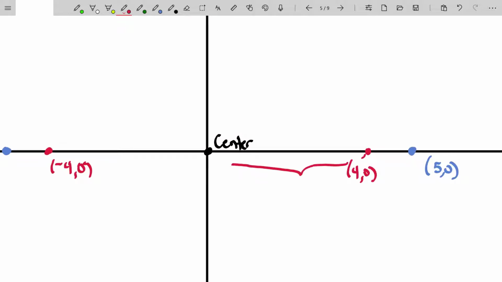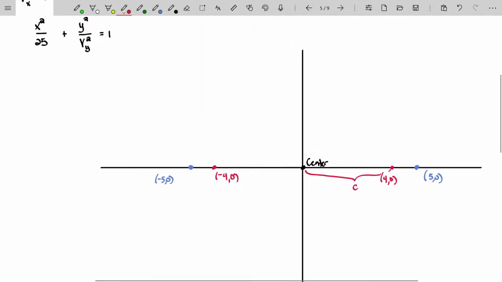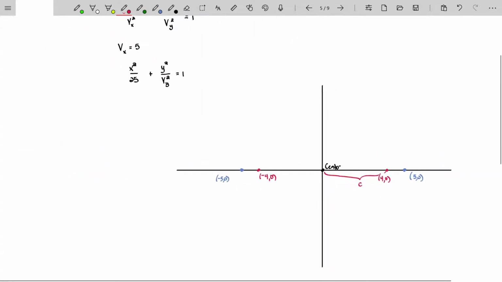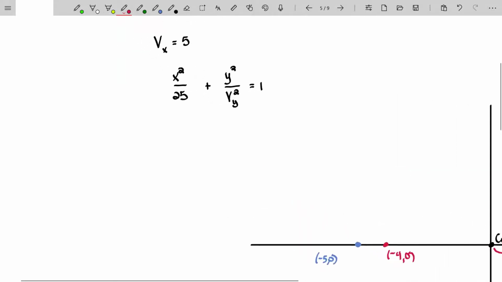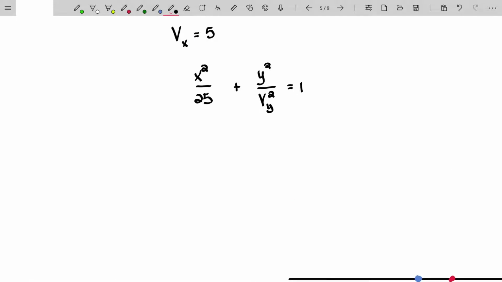Distance right there we would normally call c. And c squared is the absolute value of the difference between v sub x squared and v sub y squared. So let me go ahead and write that down over here. C squared is equal to, you would normally see this in a textbook as either a squared minus b squared or b squared minus a squared.